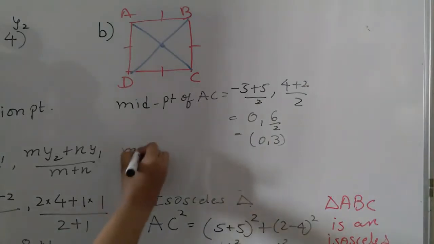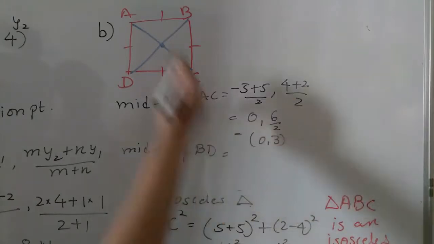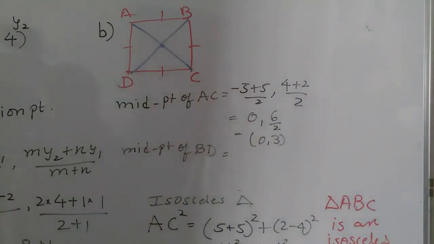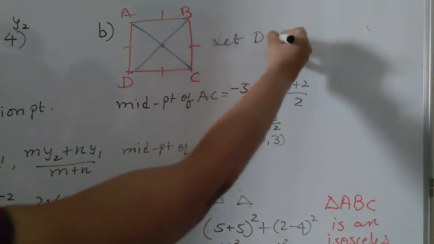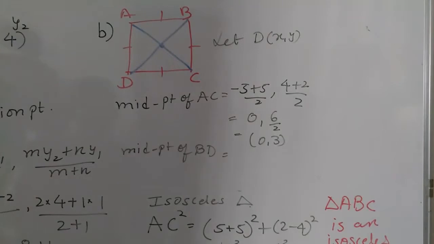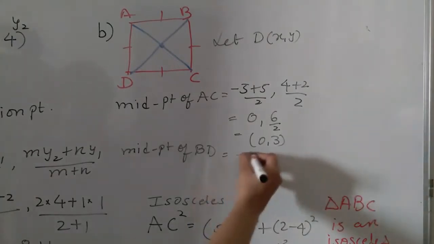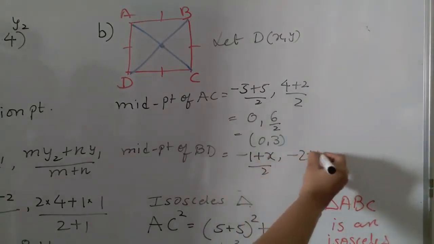Similarly, I write the midpoint of BD. For that, I'll use the coordinates of B and D. B is known, but D is not known to us. So let's write the coordinate of D as (X, Y), and then we will find the values of X and Y. B is minus 1, minus 2. So (minus 1 plus X) by 2 and (minus 2 plus Y) by 2.